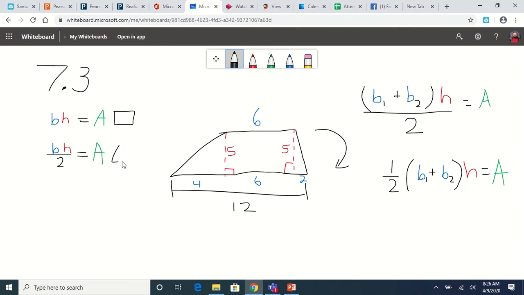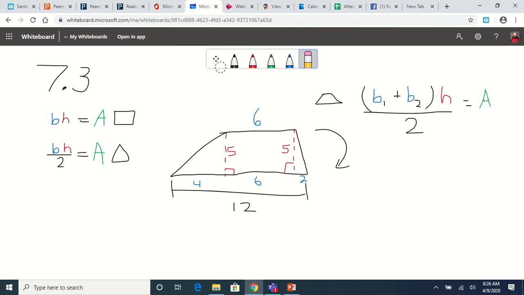This is for triangles. This big dog up here is for trapezoids. I'm actually going to erase this one so I got a little place to work because I'm going to show y'all something. Alright, so let's put our information in.